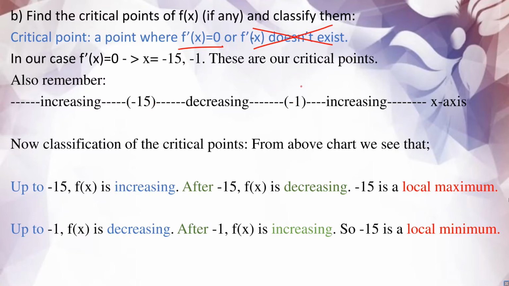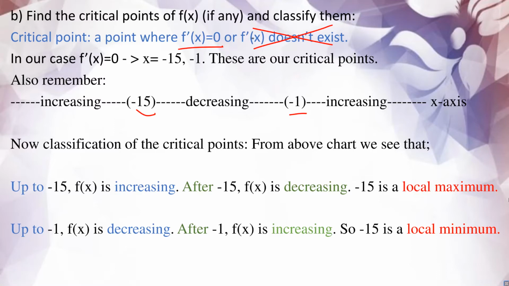Then it started decreasing till minus 1, and then it started increasing again forever. This I copy-pasted from the answer of the first part, A. Now, what I'm going to do is try to understand what this minus 15 and this minus 1 are.